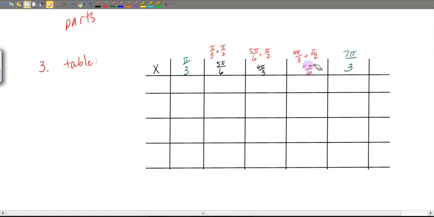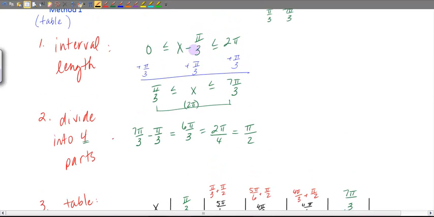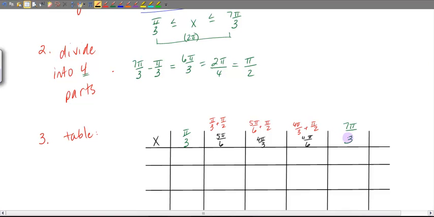Just to remember, this first number and this last number we got when we shifted my interval. So that gave me the first and the last number.